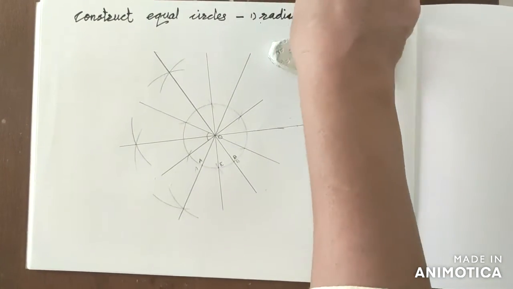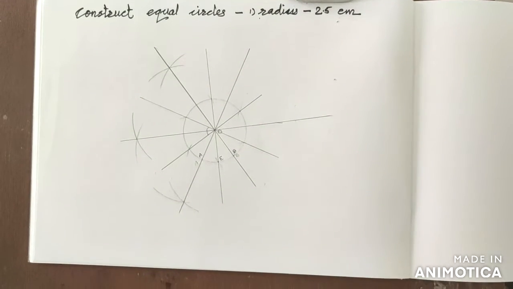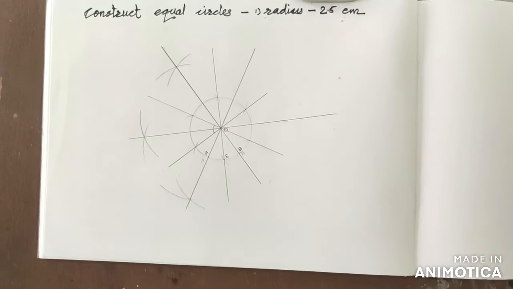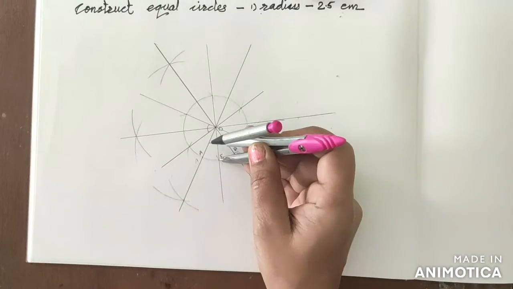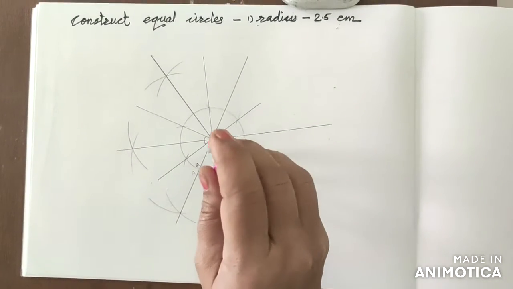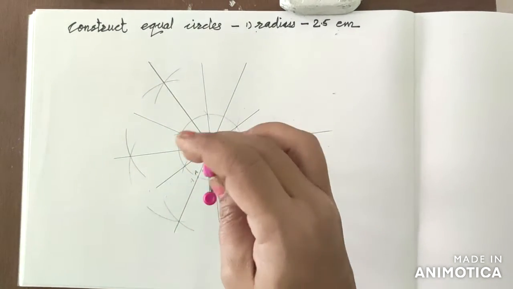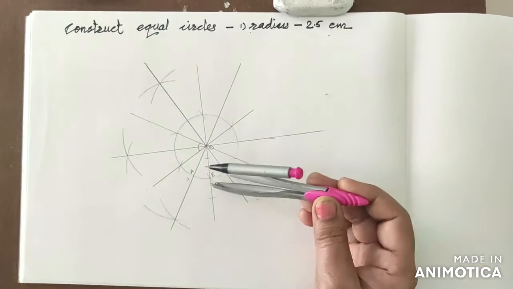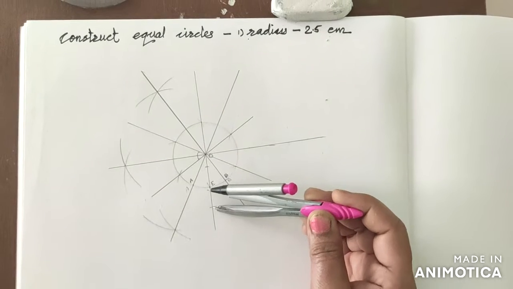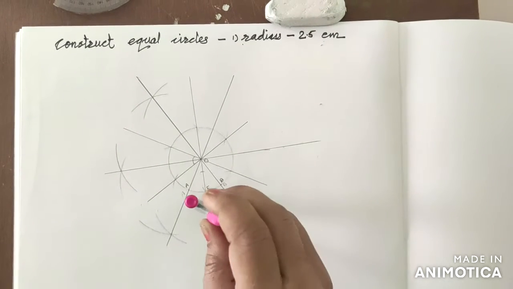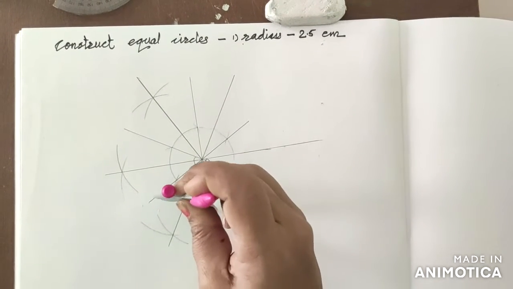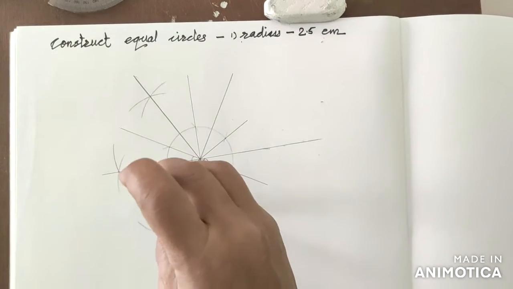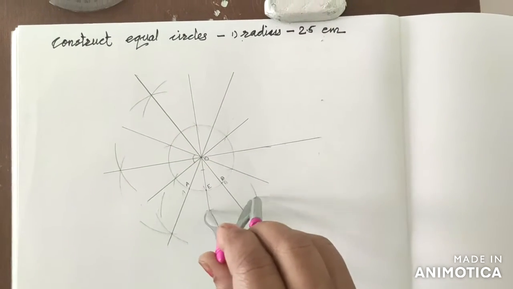And we know the construction, we already saw it in the previous construction. For that, draw 2 arcs on the same point, using same length like this. So place this point and draw an arc on both sides.